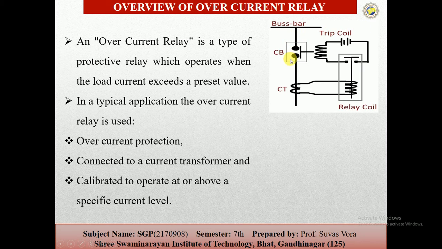This power system is connected with a circuit breaker. Generally the circuit breaker is closed and the CT is connected. Now, if I set the CT value like this, 500 to 5 amperes, that means if more than 500 amperes of current flows, the CT will show more than 5 amperes, and then the relay will operate.